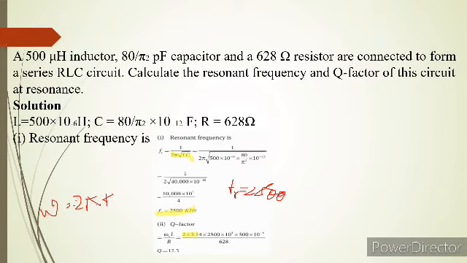We'll substitute it, and because it is in kilohertz, we write 2 pi into 2500 into 10 to the power 3, times 500 into 10 to the power minus 6, which is the inductance value, divided by the resistance, 628. By solving it, we arrive at 12.5. This is the answer for the quality factor. The quality factor doesn't have any SI unit, so we'll write it as it is.